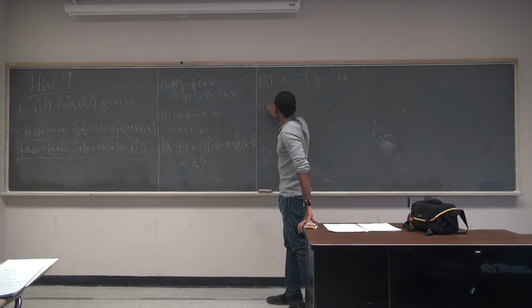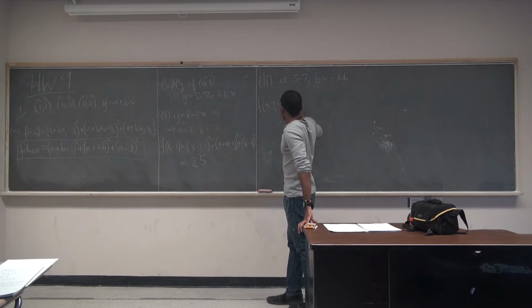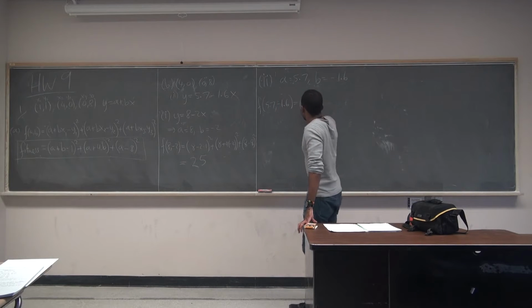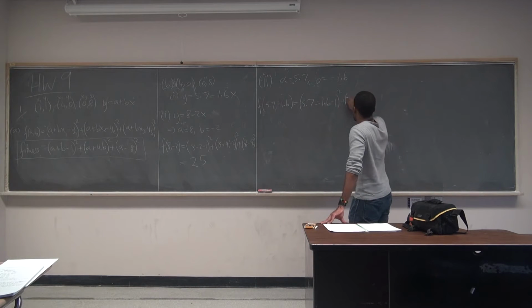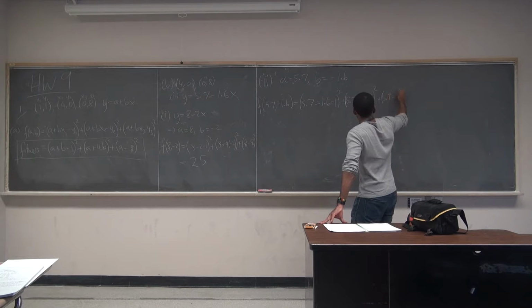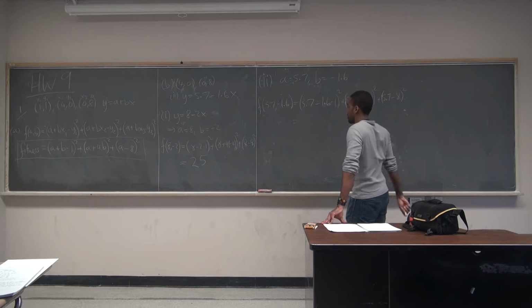So you have f(5.7, -1.6), that'll be (5.7 minus 1.6 times minus 1 minus 1) squared plus (5.7 plus 4 times minus 1.6) squared plus (5.7 minus 8) squared. And what is that? 15.39. Yeah.